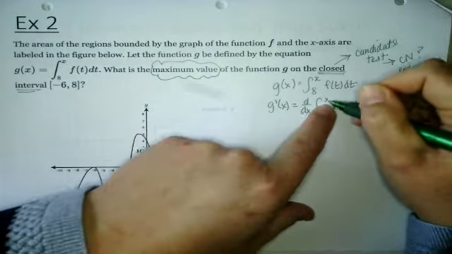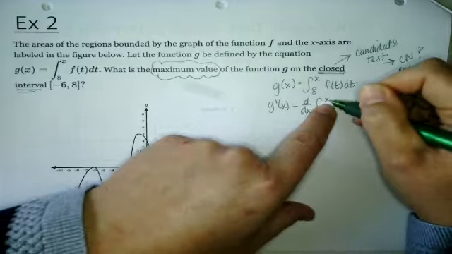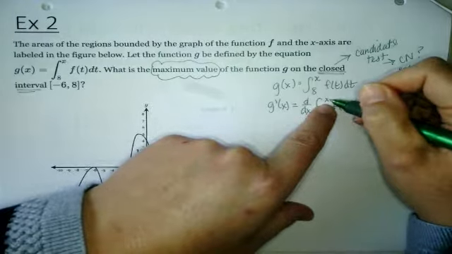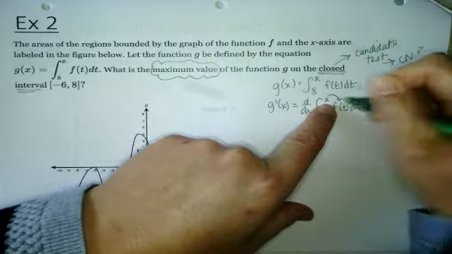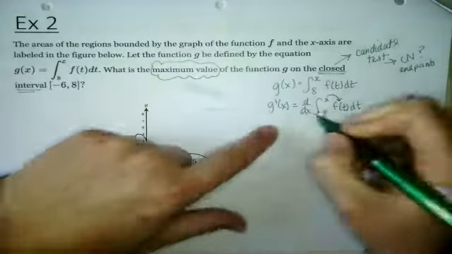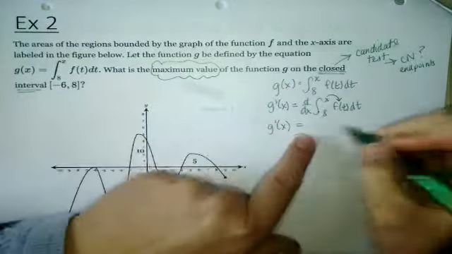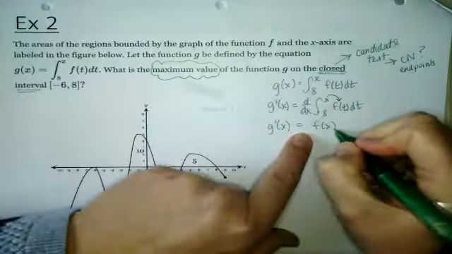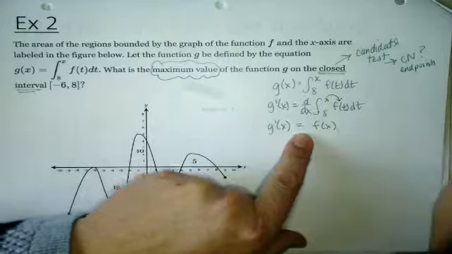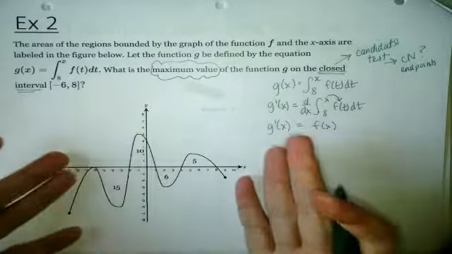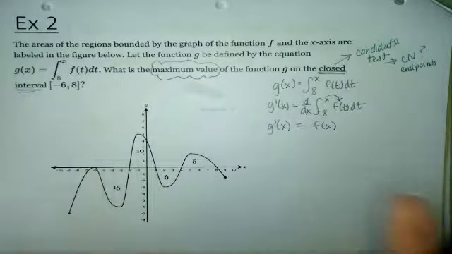And we need to take into account the derivative of this upper limit, which just happens to be 1, so no worries there. And we just have to plug in the x then. So the derivative of the g function just happens to be the f of x function. So exactly what we're looking at. So I am looking at the derivative of my g function, which is kind of nice.